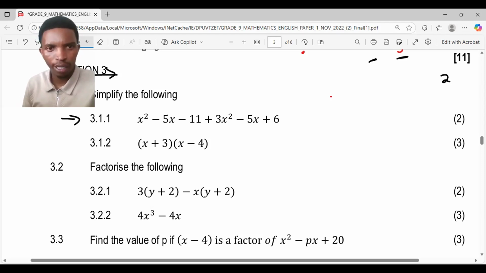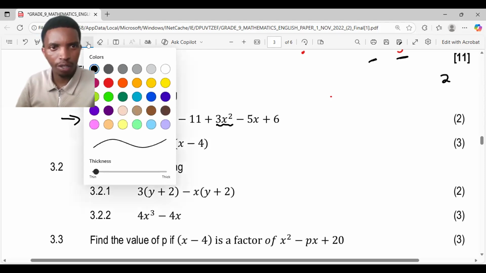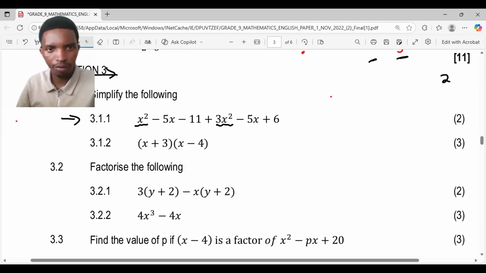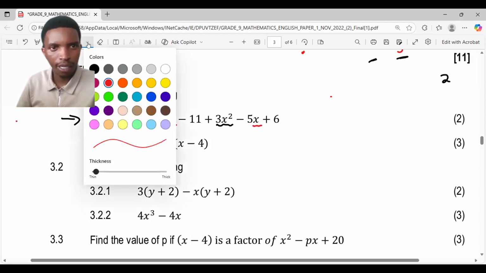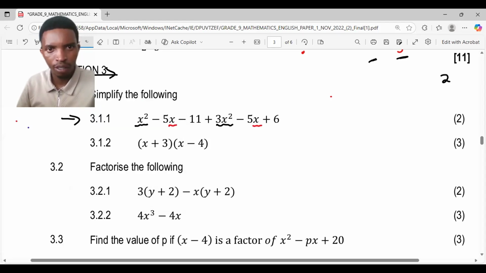Like terms. Do we have any like terms here? Yes. We have x squared there, and x squared there. What is the other like term that we have? We have negative 5x there and negative 5x. Do we have any other like term? Yes. The constant term there and that constant term there as well.